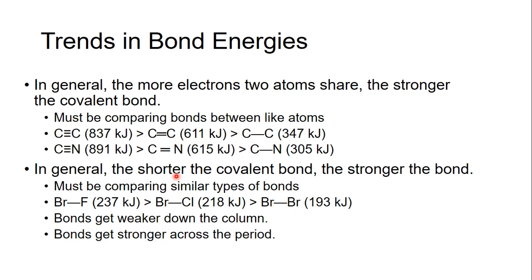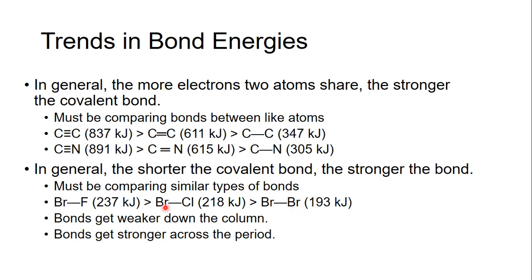Also, the shorter the covalent bond, the stronger the bond is. So here we have bromine bonding with 3 different halogens. F is smaller than Cl, which is smaller than Br. So the BrF bond is shorter than the BrCl bond, which is shorter than BrBr.